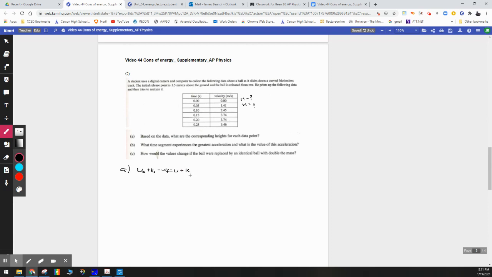We do have an initial, so let's plug this in. This will be mgh0, and I think this is our initial height.